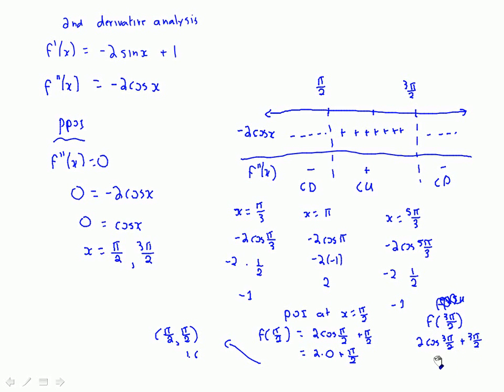So the cos of 3 pi over 2 is also 0, and then we get 3 pi over 2. So that would mean that the point of inflection is 3 pi over 2, comma, 3 pi over 2. And when you decimalize that one, 3 pi divided by 2, you'll get 4.7. So we can locate that on a graph pretty easily. So now that we have all this, let us graph it.